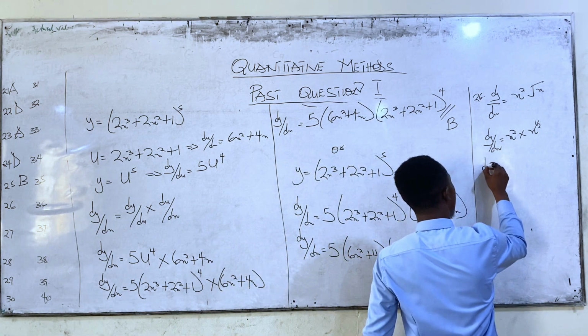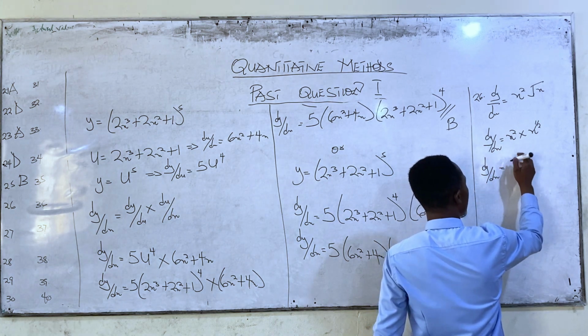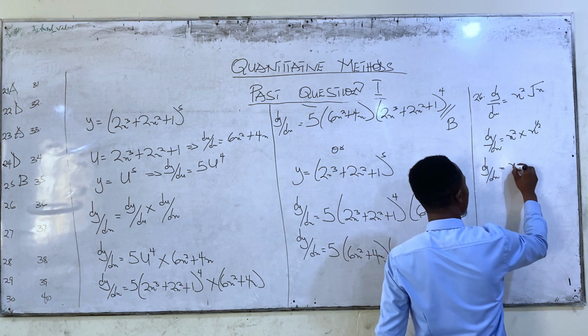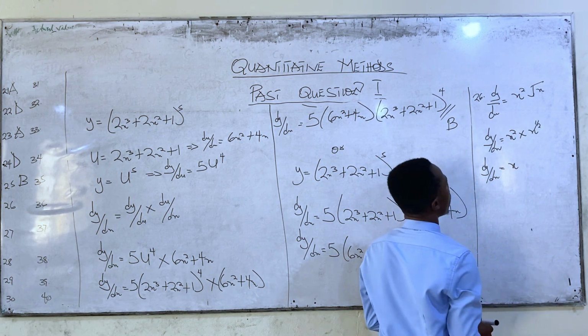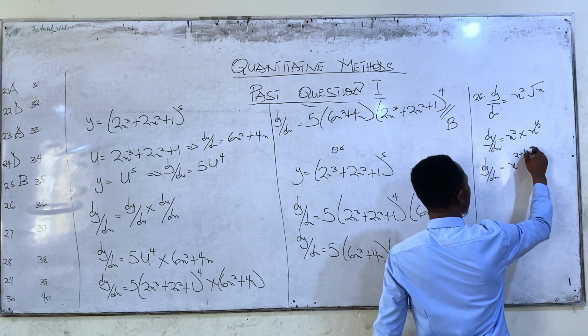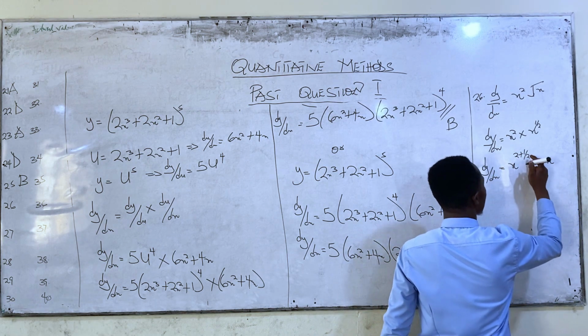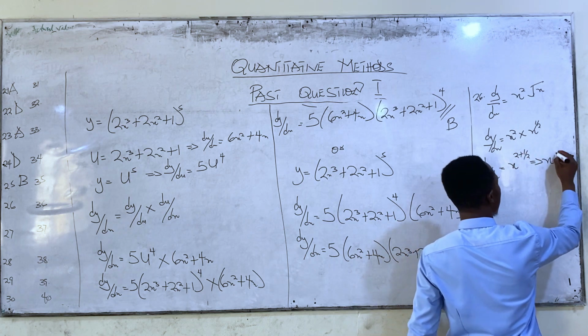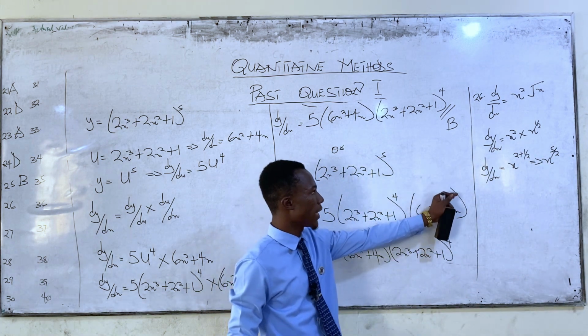Okay, so dy/dx, we haven't done anything to it, but we are just simplifying it. So when the bases are the same, you pick one. So 2 plus half, it is going to be this way. So you are going to get x, 2 times 2 is 4 plus 1 is 5. So 5 on 2. So this is your dy/dx.